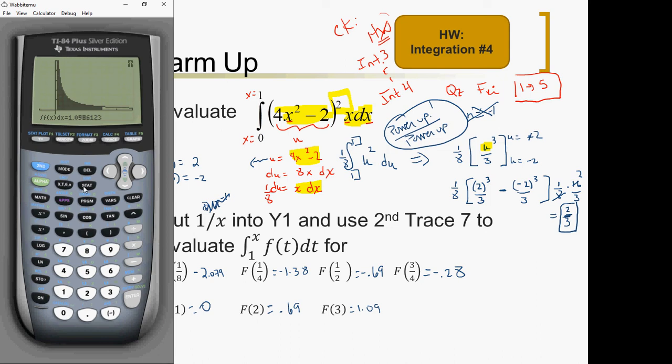I'm going to clear draw firstly. And I'm going to go to Stat and Edit, and I'm going to enter all the x values that we put into the accumulation factor.